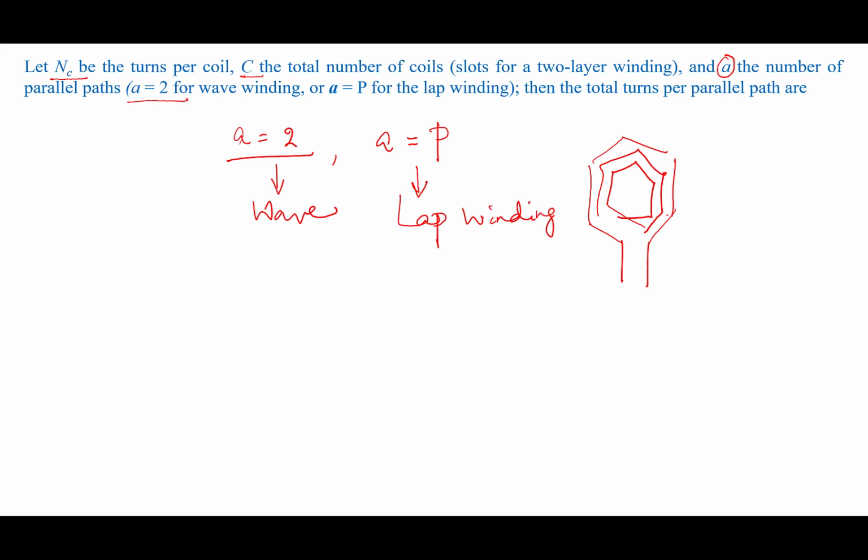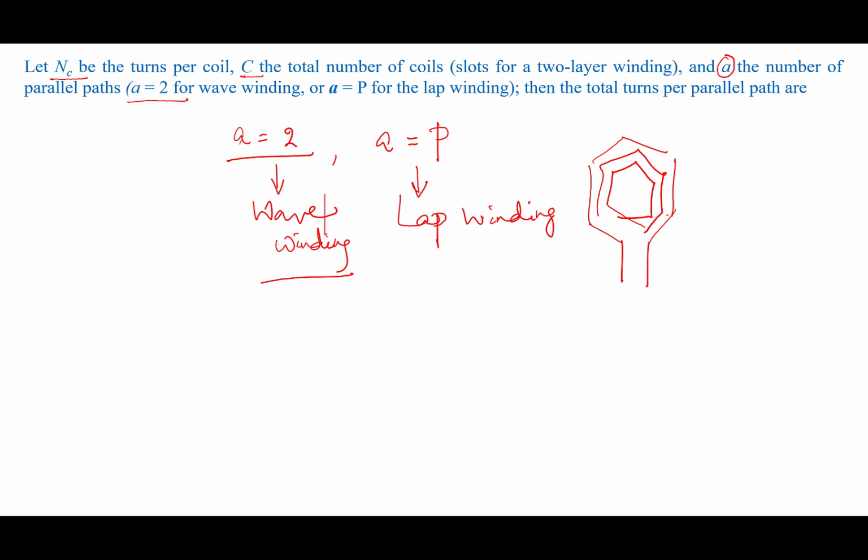Because we are not going deep into the design aspect, I skipped that portion, as it will take a lot of time. So there are two structures: one is wave winding and the other is lap winding. In wave winding the number of parallel paths is 2, and in lap winding it is P, right?